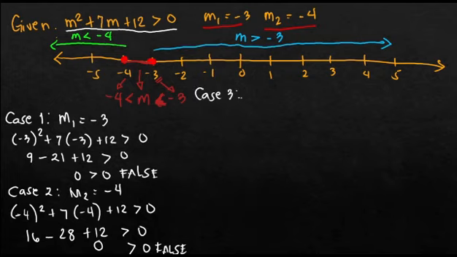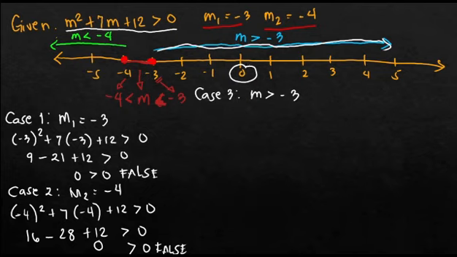In case number 3, let us use the interval here, this one, to the right. And that is m greater than -3. So, gamitin na lang natin yung pinakamadali na sakop nung m greater than -3. So, kung mapapansin nyo sa number line, sakop niya naman yung 0. So, mas maganda gamitin natin yung 0. Kasi mas madali.